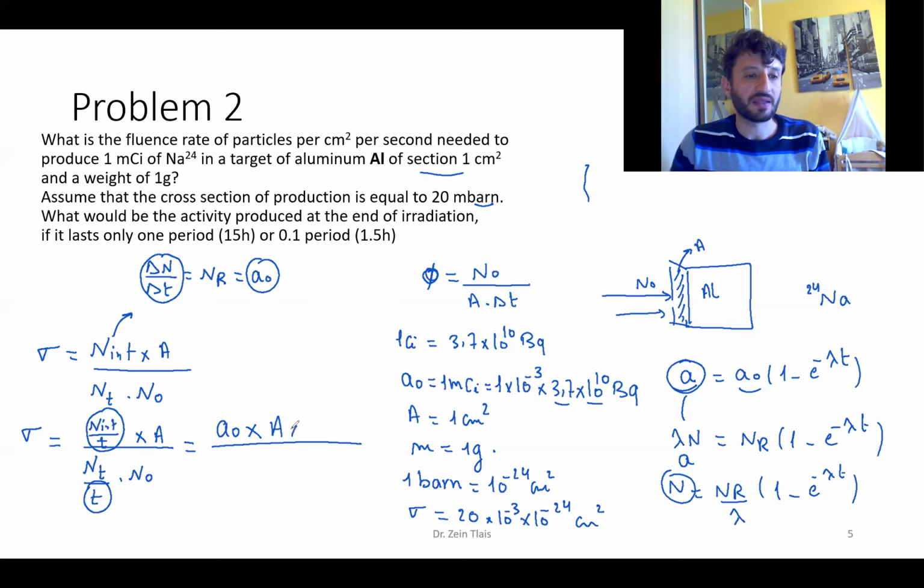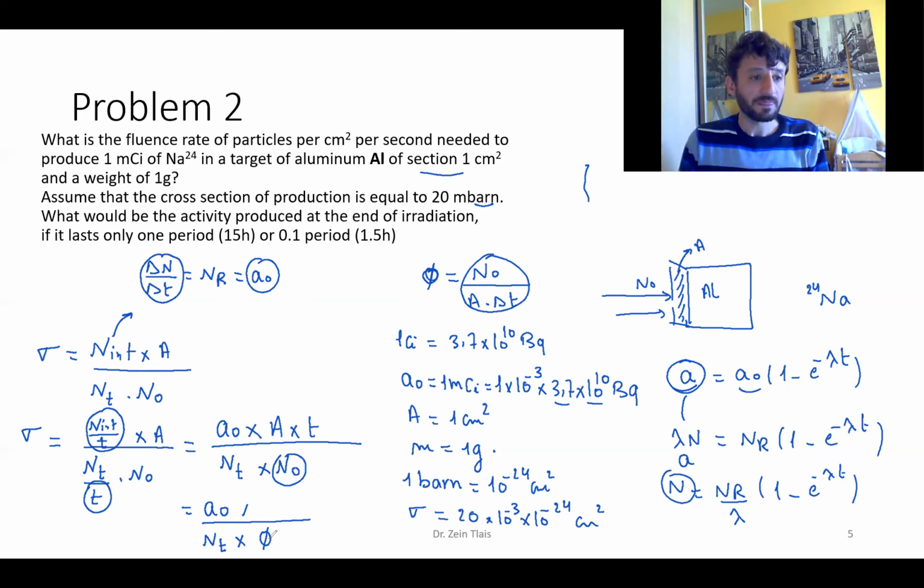So we have A times t divided by n target times n0. You know, n0 divided by At is a flux. So here we can say it equals A0 divided by n target times flux phi.